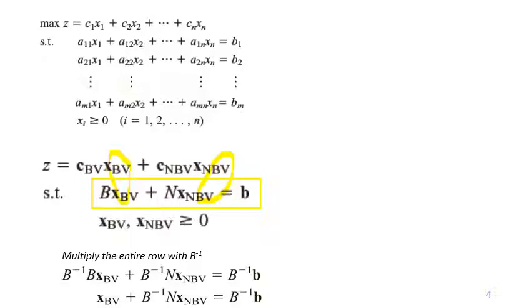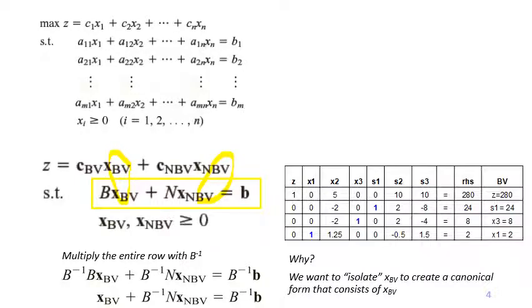This result may not look anything special to us at this moment, but then if you look at our optimal table for the Dakota problem, you see that for the basic variables, they do not have anything multiplied to them. So they are just XBV.